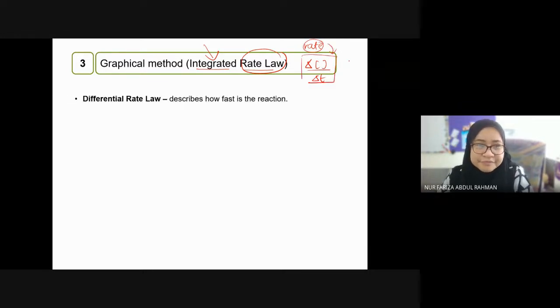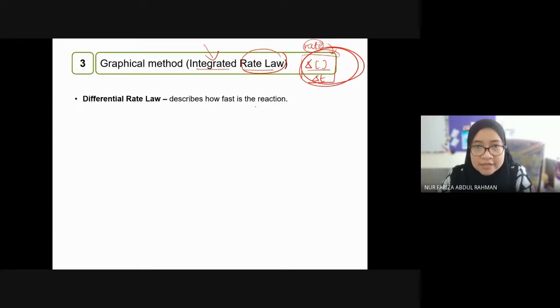Earlier, at the beginning of the topic, you were introduced to differential rate law. This differential rate law describes how fast the reaction is.